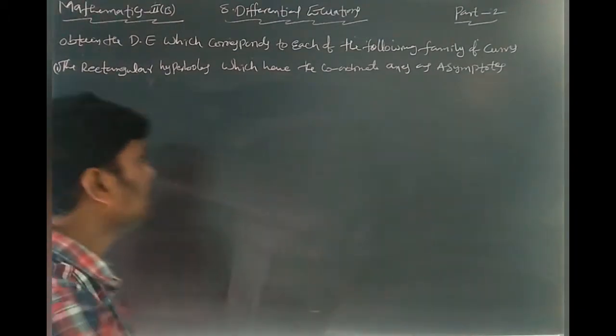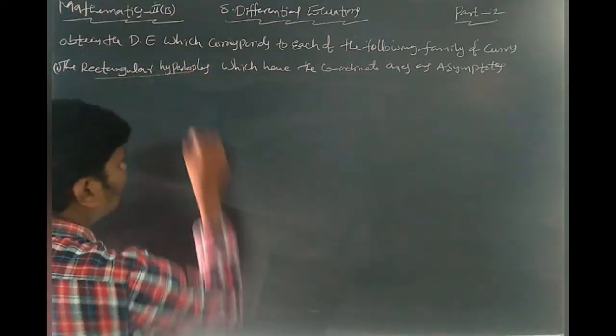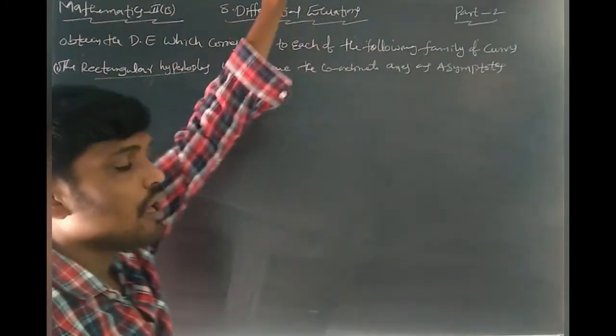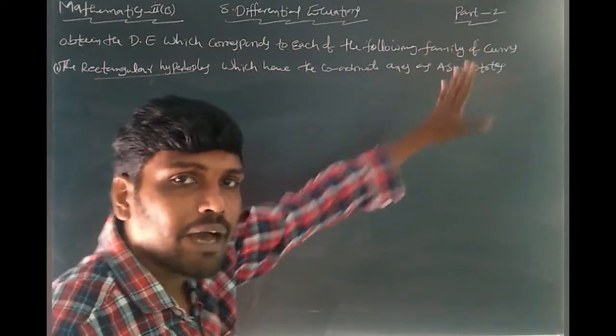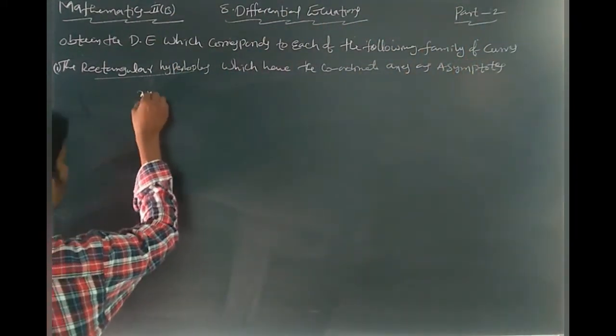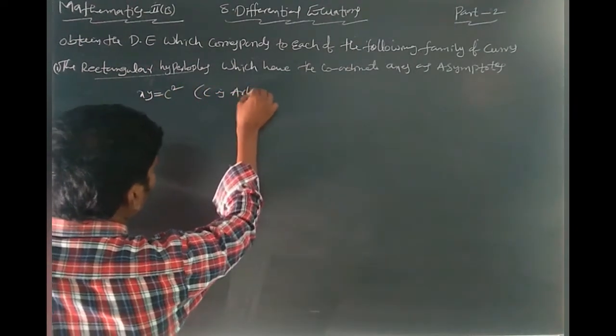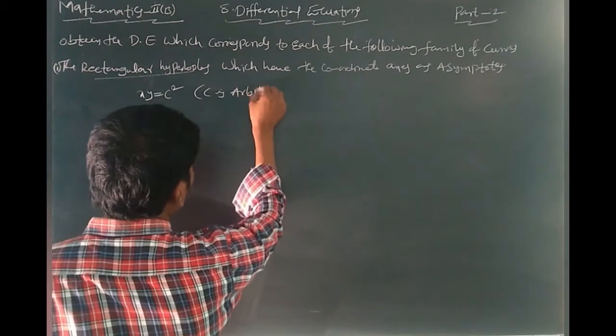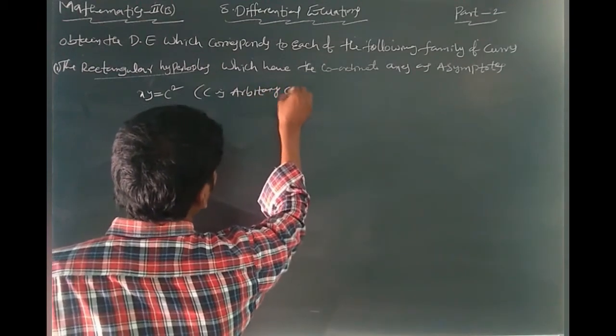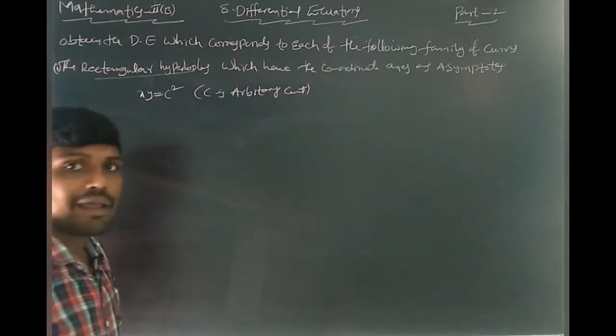The equation of the rectangular hyperbola whose asymptotes are the coordinate axes is xy equal to c square. c is an arbitrary constant, or parameter.